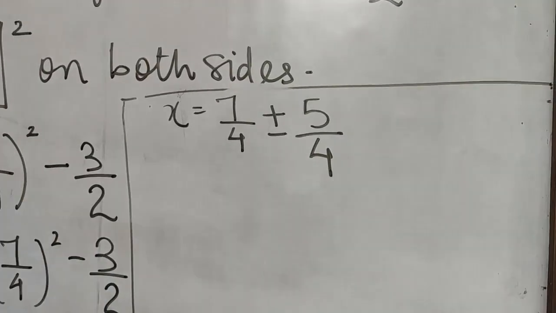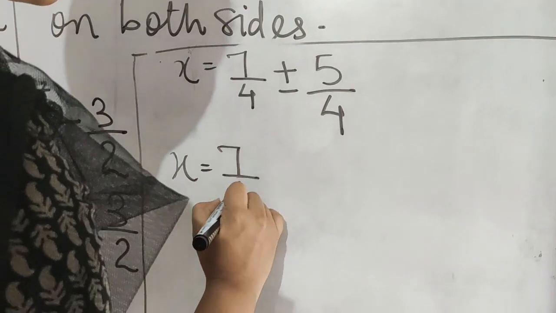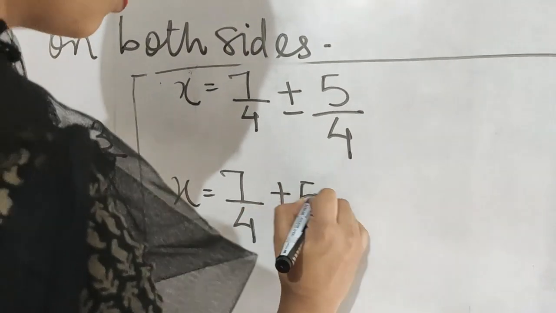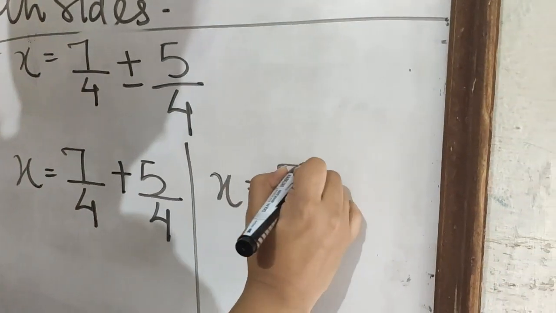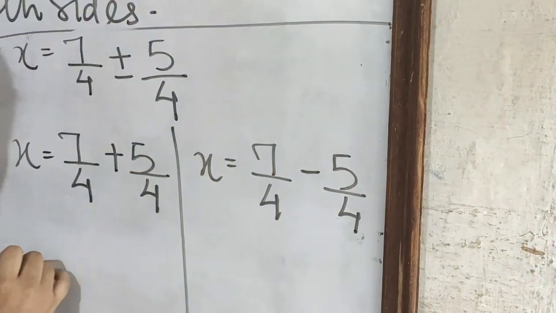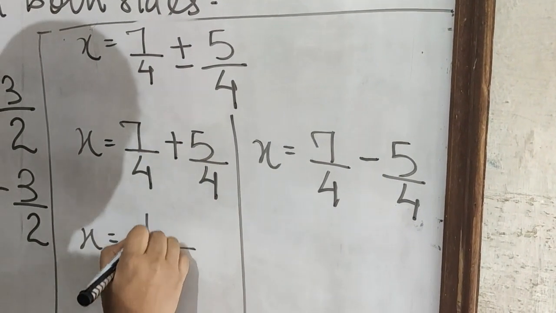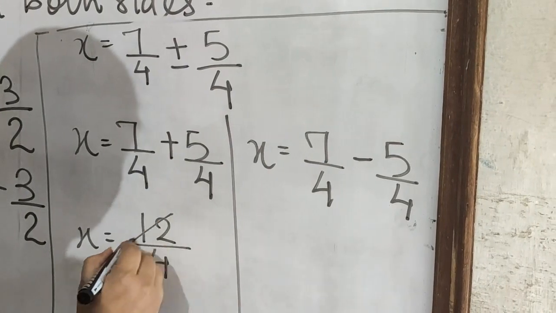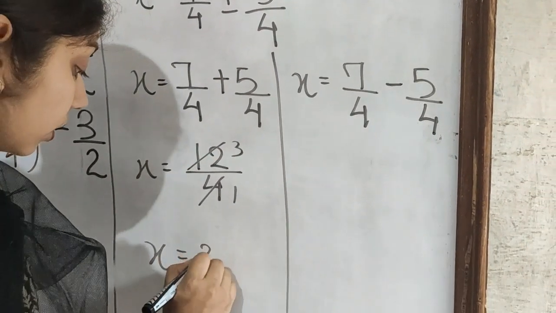So the two roots of the equation will be either x equals 7 upon 4 plus 5 upon 4, or x equals 7 upon 4 minus 5 upon 4. Over here you get x equals, 4 will be common, 7 plus 5 is 12. 4 1s are 4, 4 3s are 12, x equals 3.